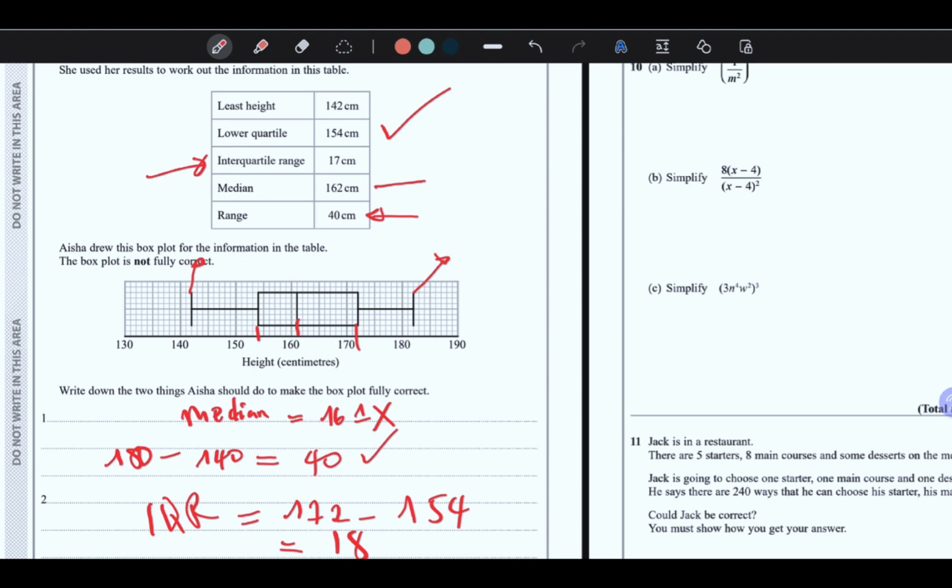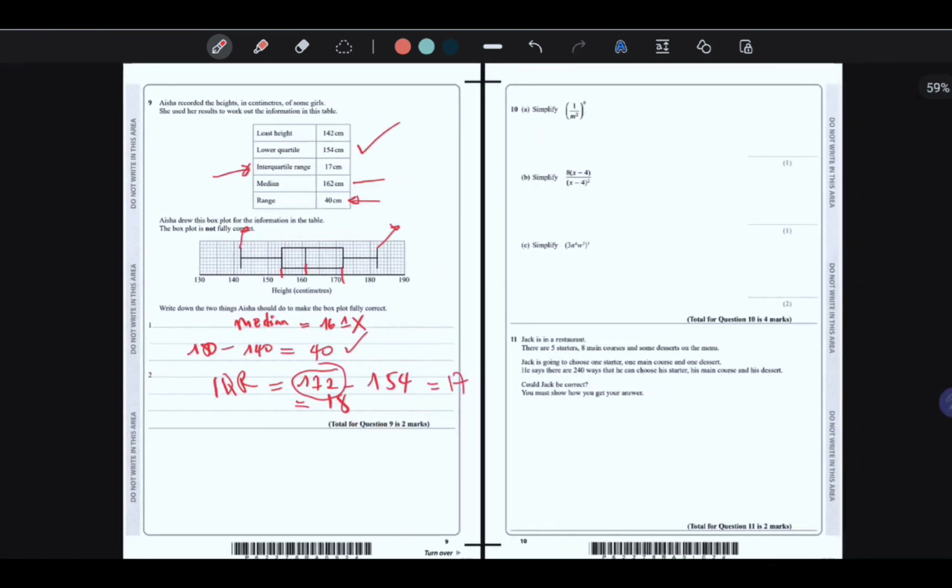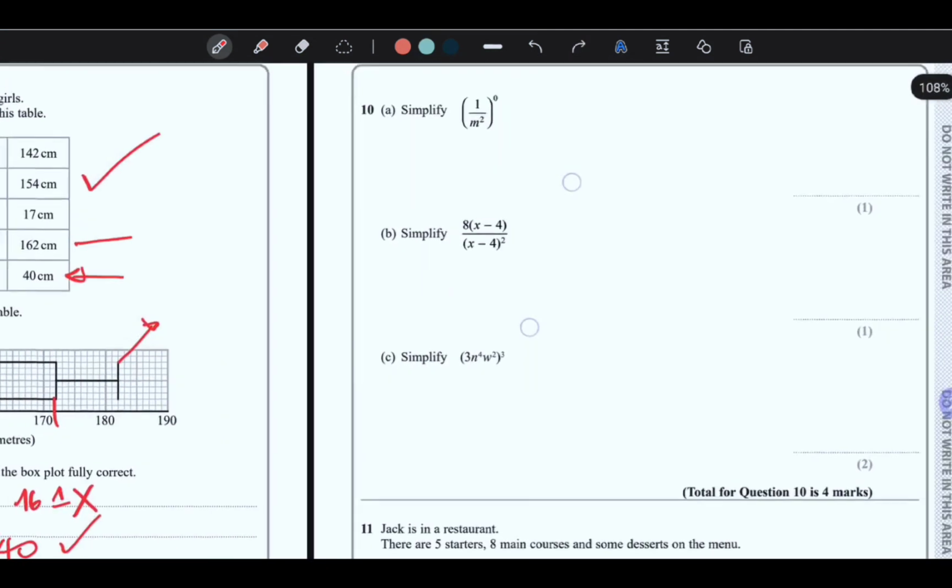So her interquartile range is one value lower. Considering she worked out the interquartile range correctly and had 17, it means she was supposed to reduce her upper quartile by one value and put 171 so that this would equal 17. Those are the two things we can identify from the table. So let's move on to the next question.